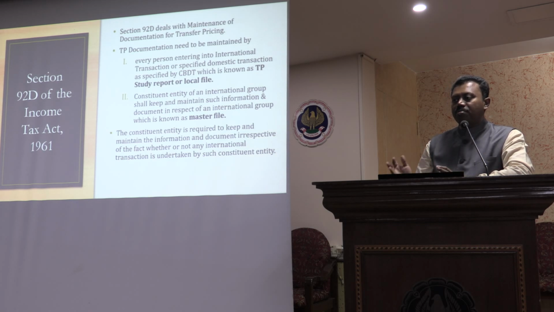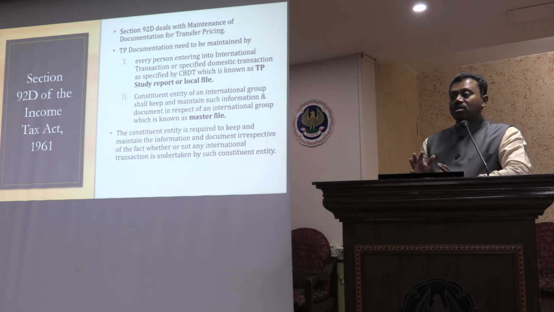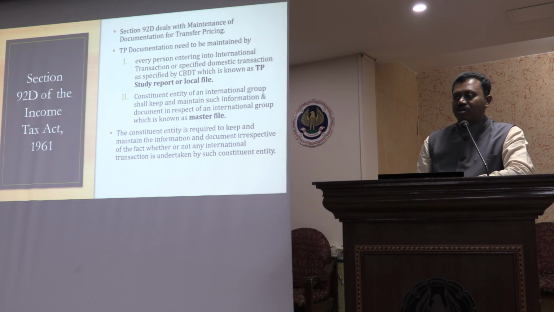Part A is there, part B is there. If some of the criteria are not met, we file only part A. If the turnover criteria is hit, we file part B as well. This is the latest addition in TP, latest in the sense at least some 6-7 years.